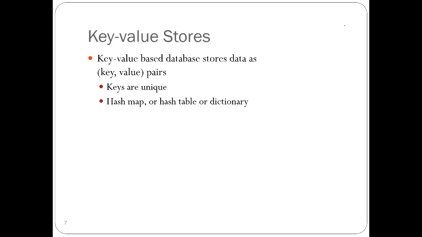We have the concept of a key and there is a value. For the key value databases that we'll look into, the keys are going to be unique, and this is very similar to the data structure which is often called a dictionary, hash table or hash map. So let's see what we have here.